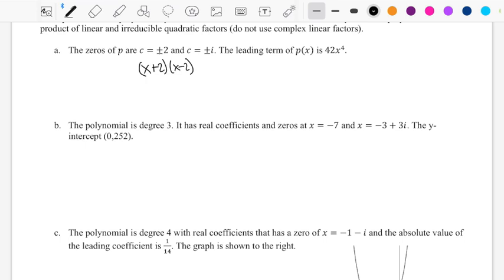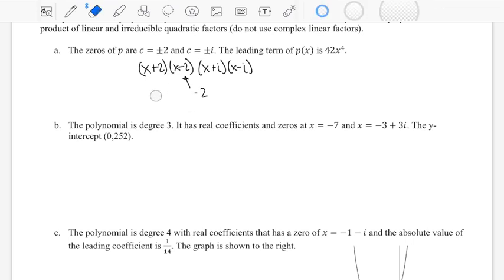Now the x equals plus or minus i also tells me that x plus i is a factor and x minus i is a factor. Okay. This is interesting though because it's still actually x minus -2 that gives us this one, and then x plus a -2 that gives us this one. So keep that in mind when you're doing these, that the signs are changing.